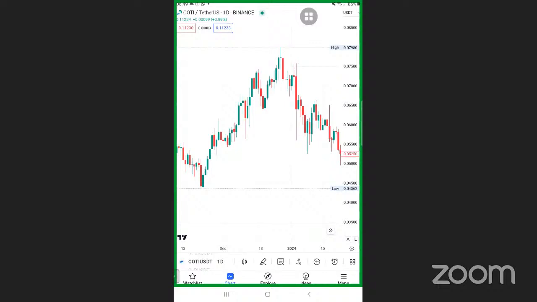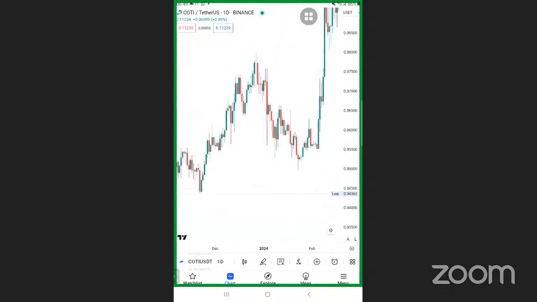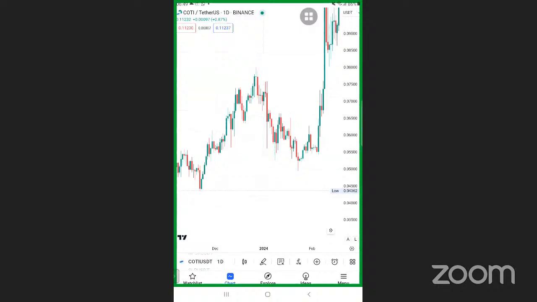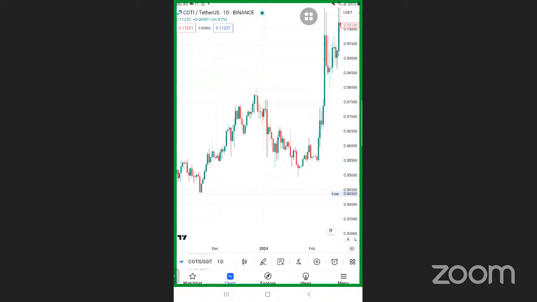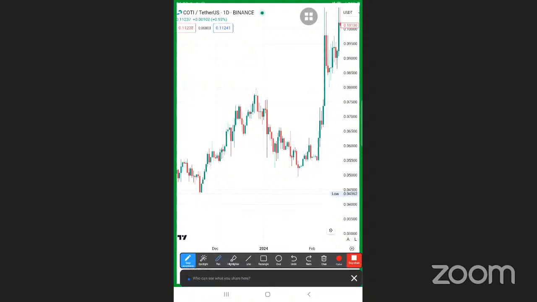If I may put it this way, if we are to draw a line here, and then draw a line there, we can see that the market moved from here.